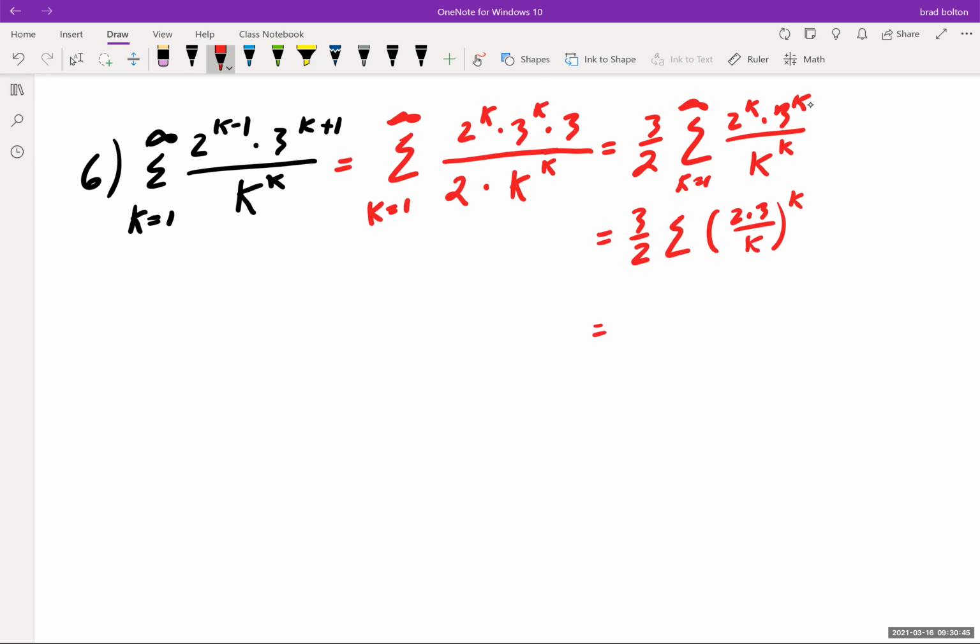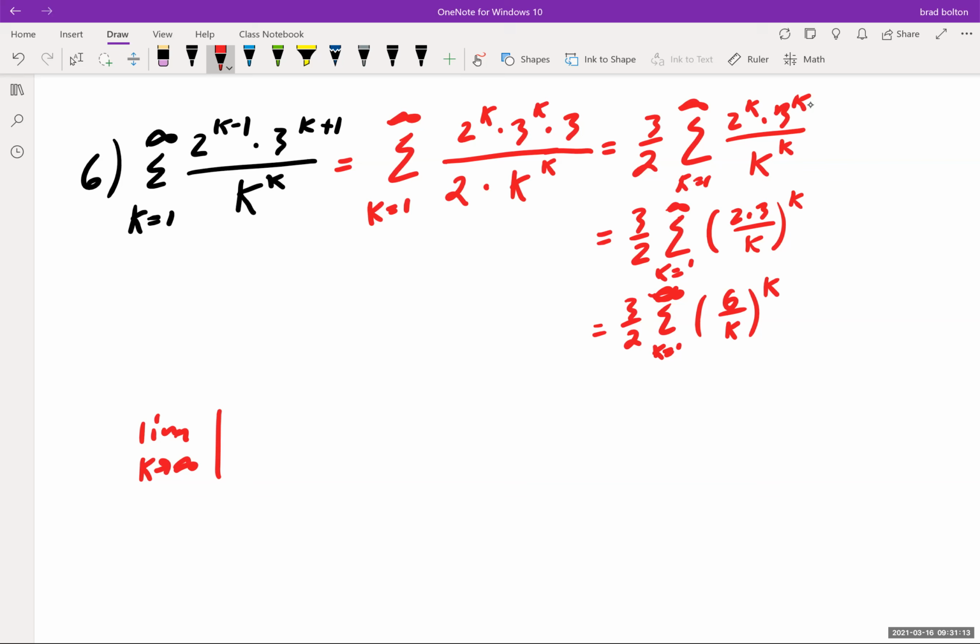So then this becomes 3/2, sum from k equals 1 to infinity. So now hopefully you guys see that this is 6 over k to the k. So now I can just say, well, the limit as k approaches infinity of the absolute value.